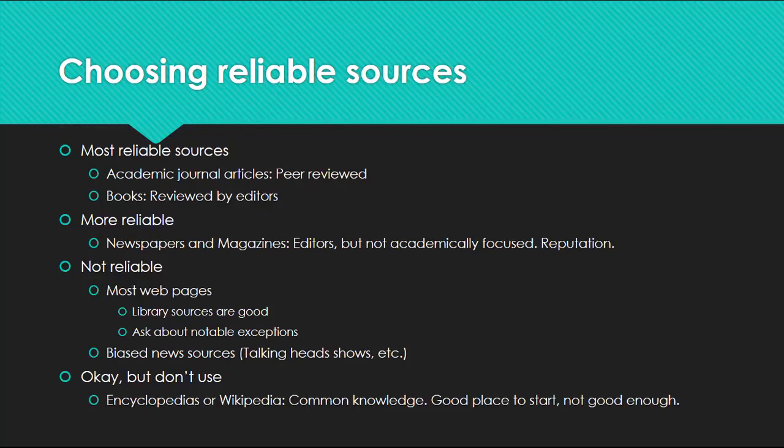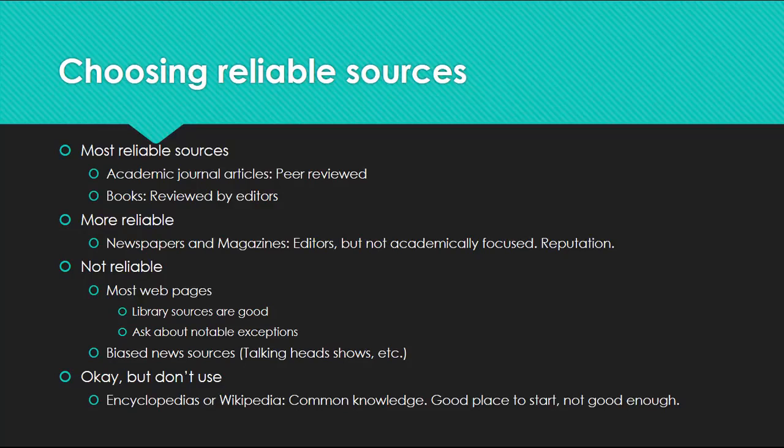Now, with all of that, we have a different category of sources in encyclopedias, including Wikipedia. These are okay places to start learning about a topic, but they are not good sources for a college paper. Encyclopedias are considered common knowledge. This is considered stuff that everyone hypothetically knows.